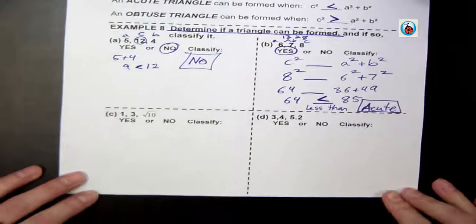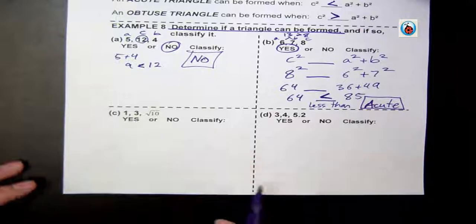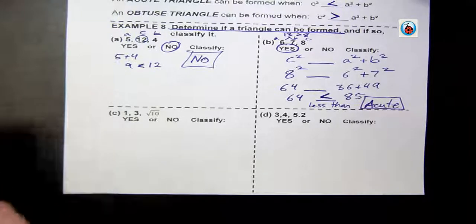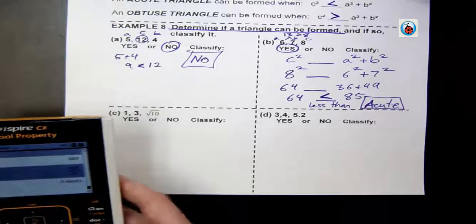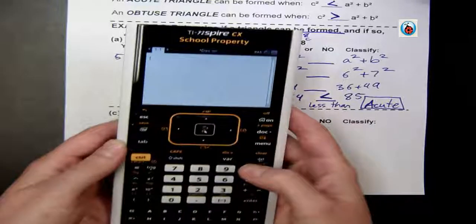My next one has a square root of 10 in there, and so I have to know if a triangle can be formed. Is that square root of 10 my largest side, or is 3 my largest side? And so if you don't already know, you can type that into your calculator and do your square root of 10.